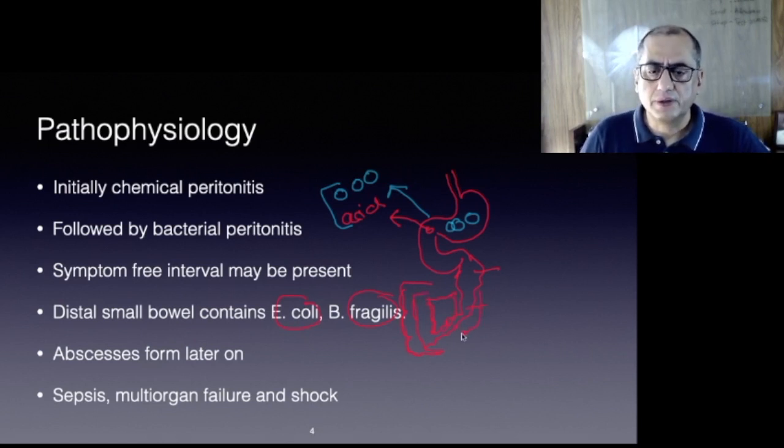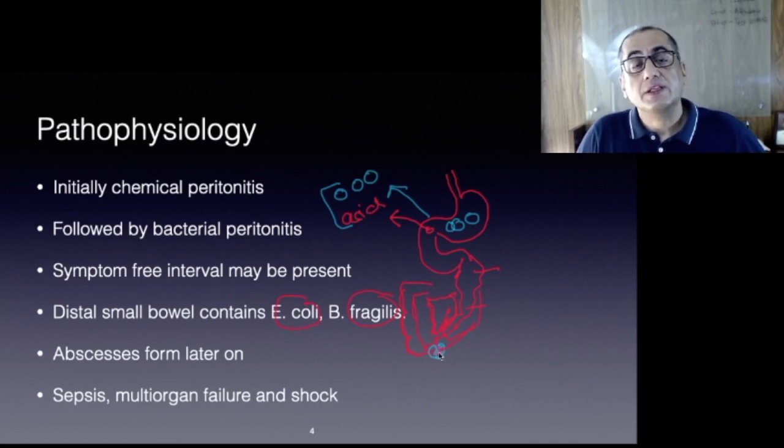So we've got this omentum coming in here, and let's say we'll do this drawing here, and the appendix is inflamed here, for example, and this omentum then isolates the walls of this acutely inflamed appendix. This also occurs in perforations of the large bowel as well, because the omentum is at the lower part.